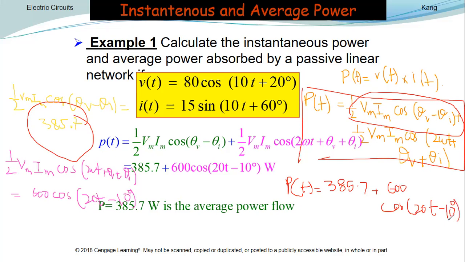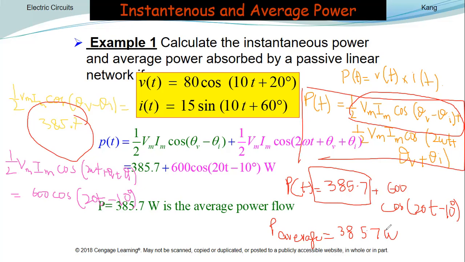After the calculation, as this value is known as my average value, the first part, my P average, power average, will be equal to 385.7 watt.